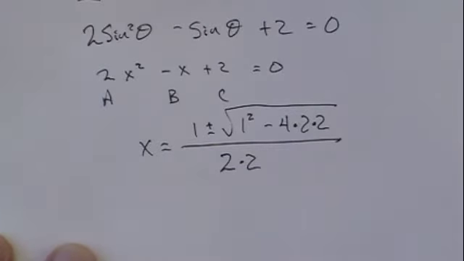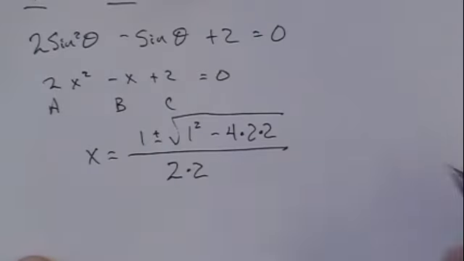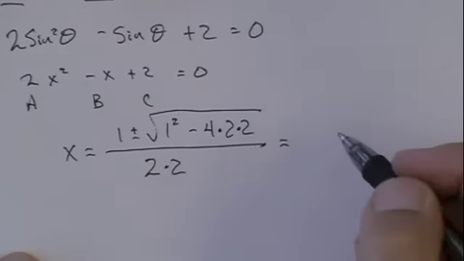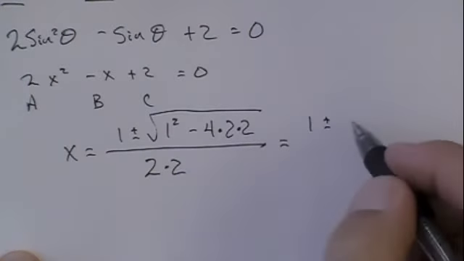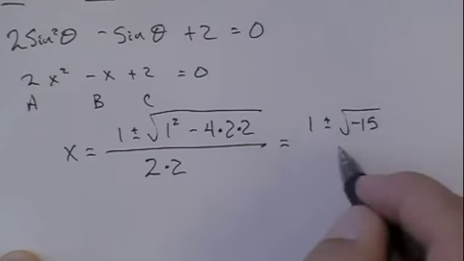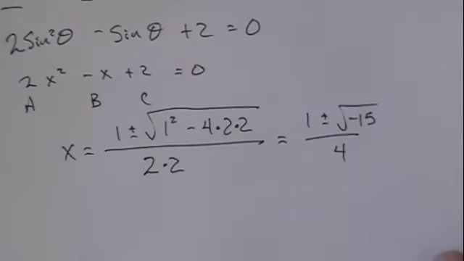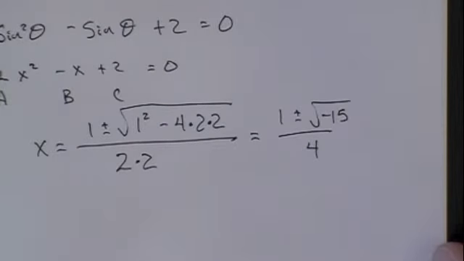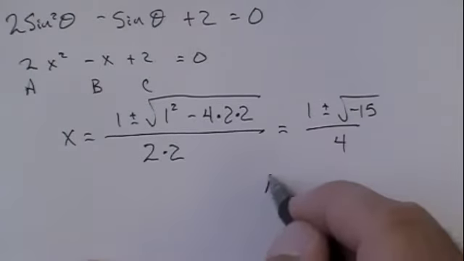So there we're using the quadratic formula to solve here. So this would be equal to 1 plus or minus the square root of -15 all over 4. So what this means is there's no real solutions.